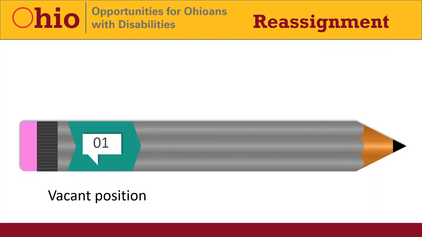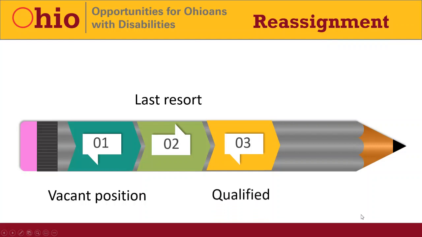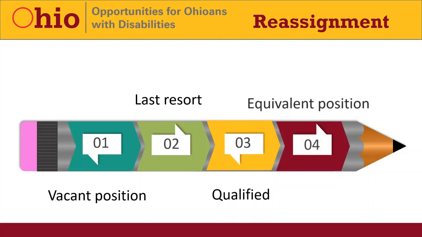It's considered the reasonable accommodation of last resort because employers are encouraged to first determine if a reasonable accommodation exists that enables the employee to perform the current position. Reassignment does require the employee to be qualified for the vacant position, and the vacant position is expected to be equivalent in terms of pay, status, and benefits.